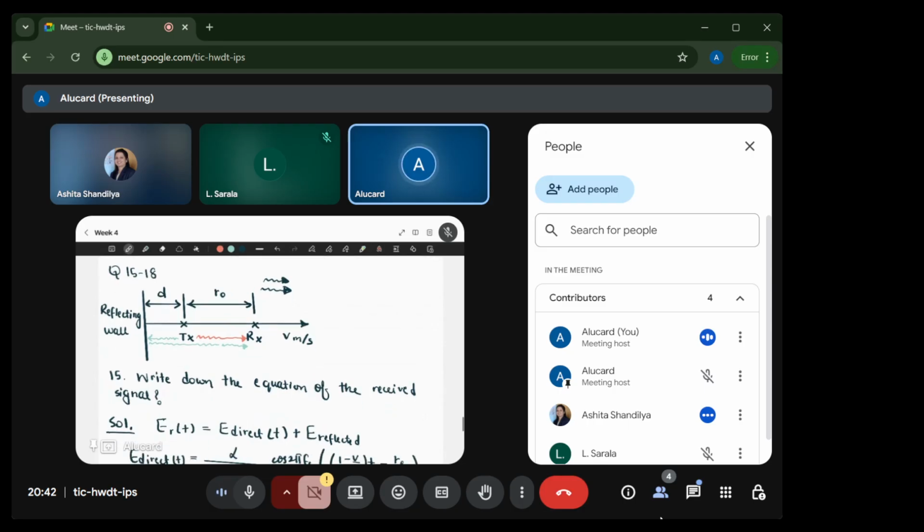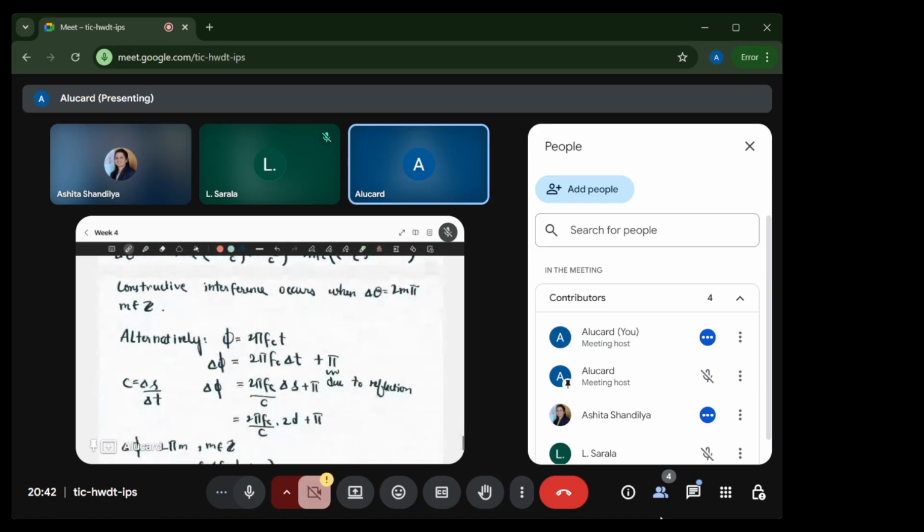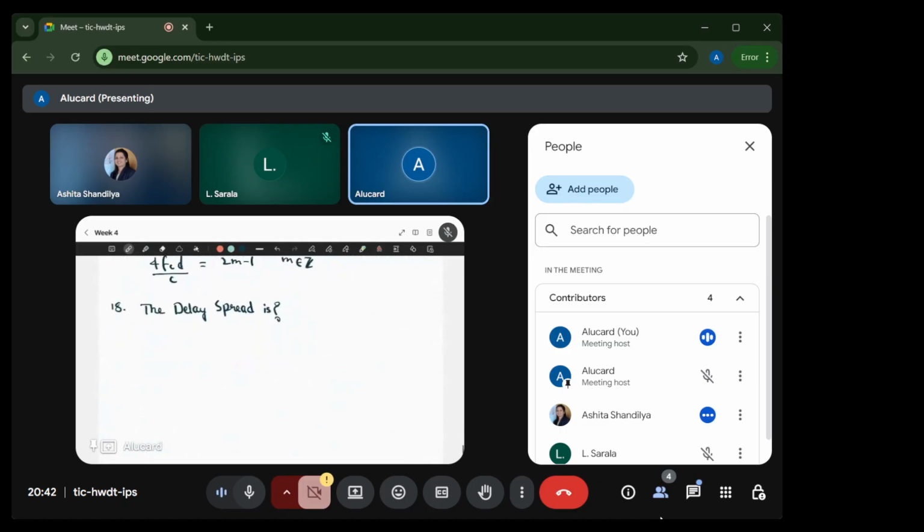We saw that it has to travel an additional distance of 2D. So we saw delta S was 2D, speed is c. So c is delta S over delta t. Delta t is delta S over c. So that's just your delay spread.